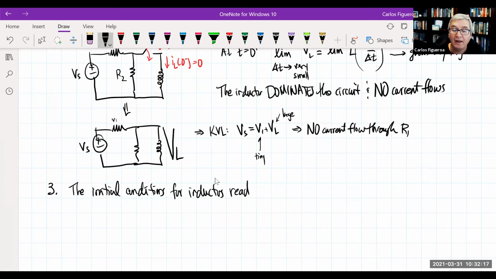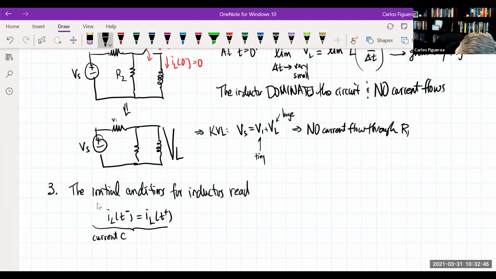They read like this: the current of the inductor at some t minus versus the current of the inductor at t plus cannot change instantaneously. So this current cannot change instantaneously.